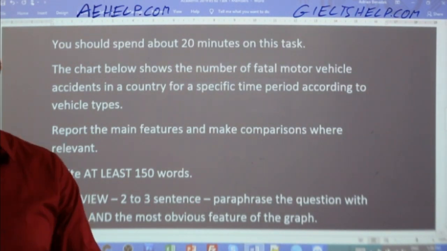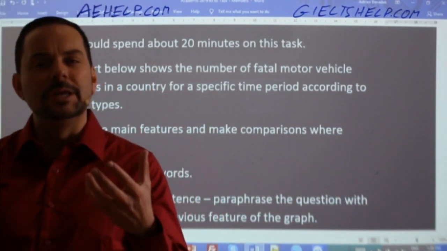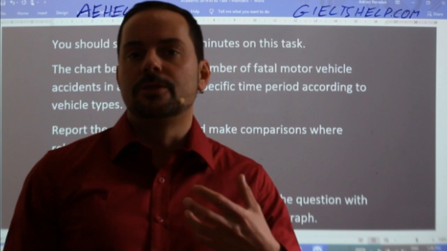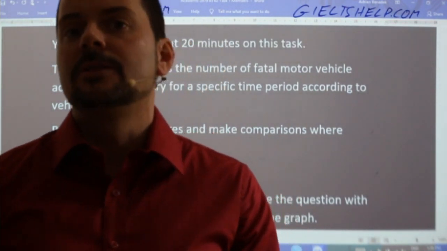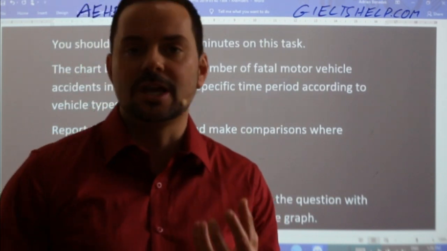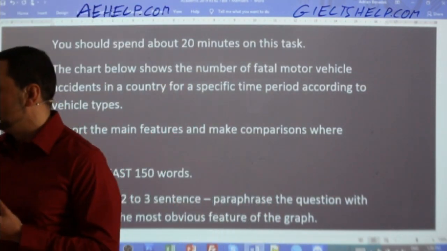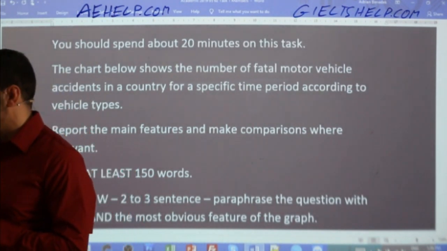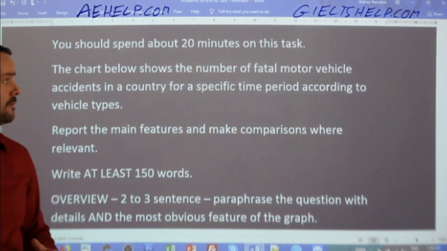That's right, Rahul, what you can see at first glance. You should be able to see it without reading the words. So the most obvious data is visible just by the graphic alone in most cases. You don't need to look too deeply at any of the words or specific data. Okay, so let's do the overview together.